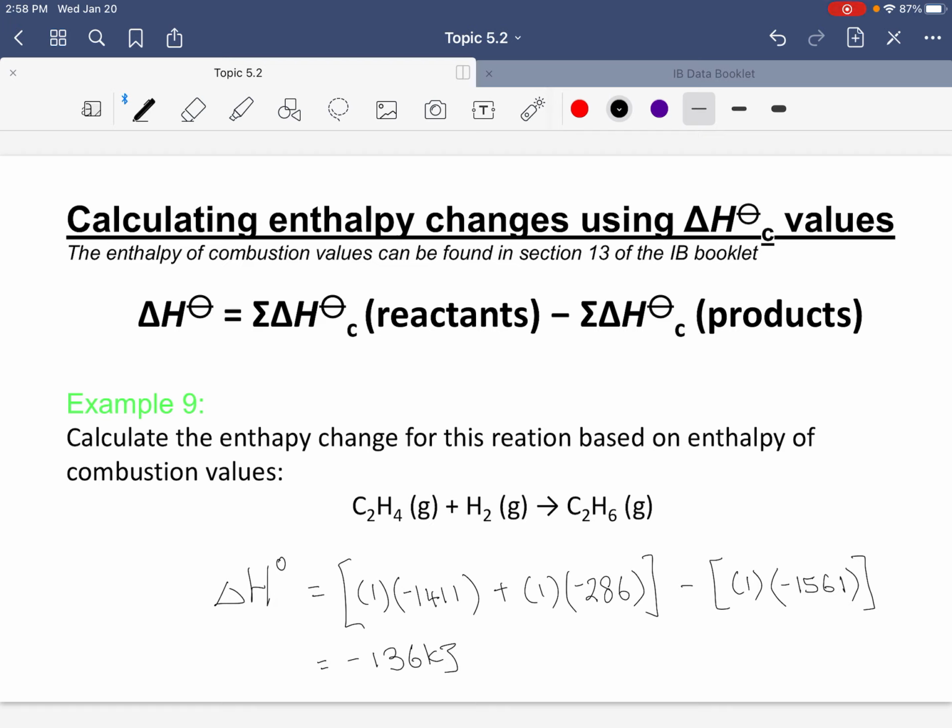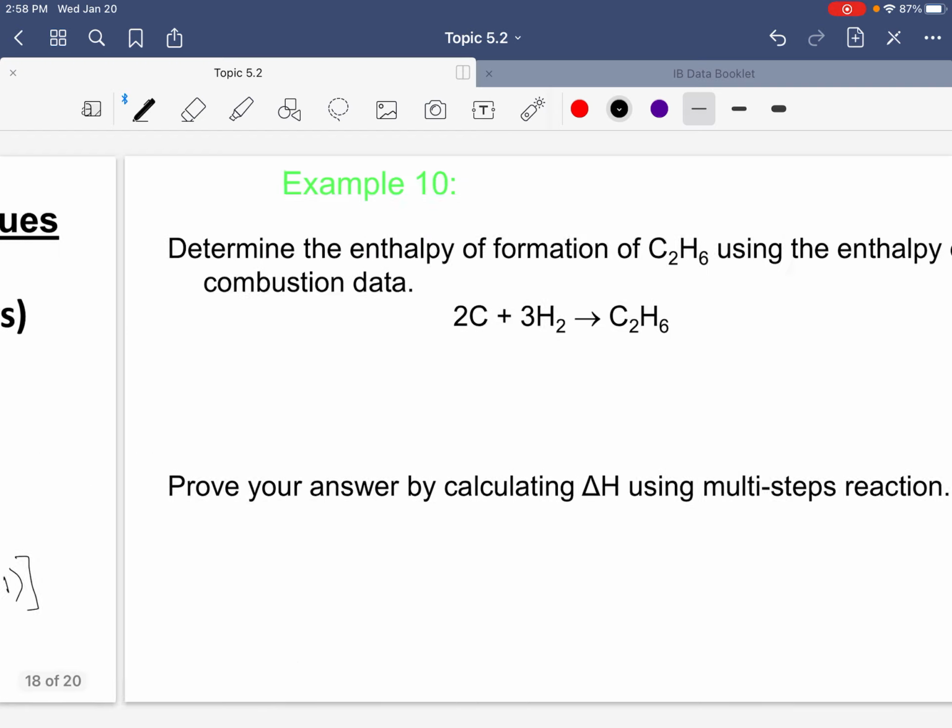That means it takes negative 136 kilojoules per every mole of this and every mole of this. All right? That's how you would use delta HC.